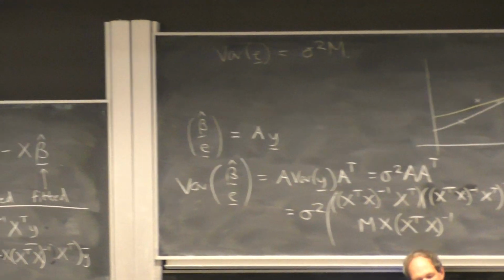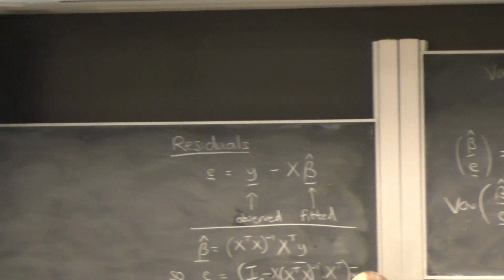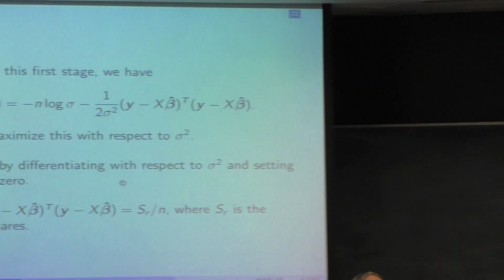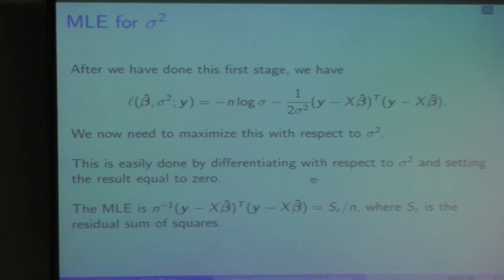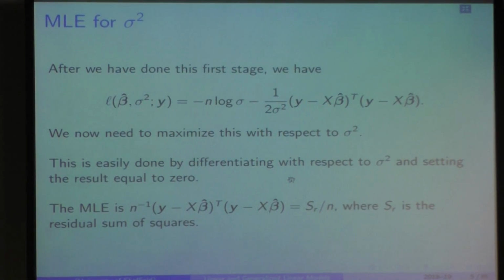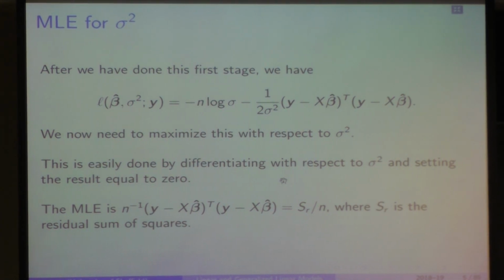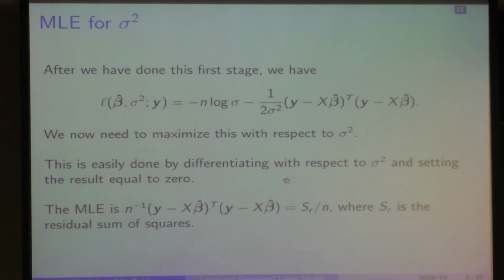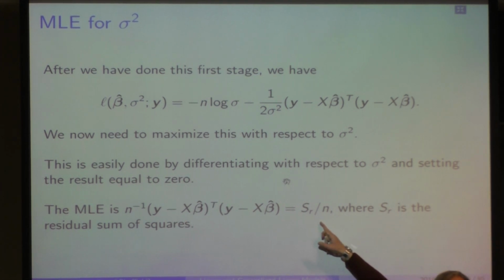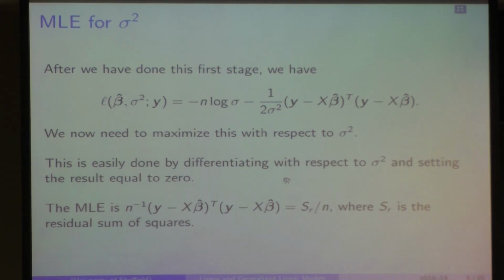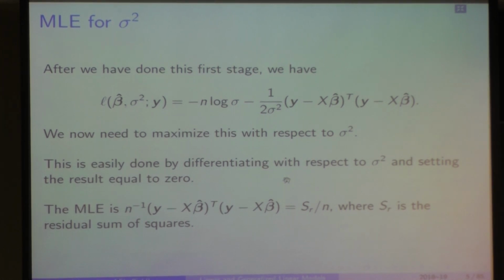Okay, so the answer you get is actually the residual sum of squares, SR, with our estimated parameter values in, divided by n. So the maximum likelihood estimate of sigma squared, sigma hat squared, is the residual sum of squares divided by n. Now, we had another estimate of that earlier in the lecture.